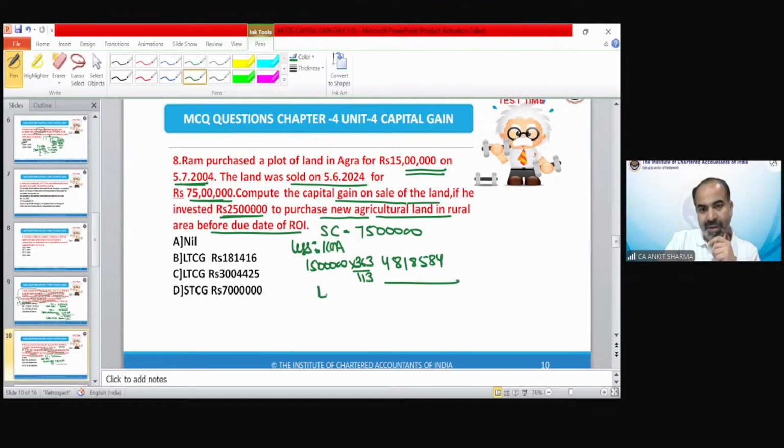So the resultant capital gain would be 2681416. Now we have to see which exemption is applicable in this case. Which exemption is applying in this case, students? Is there any exemption we can claim? I believe somebody will give the correct answer.